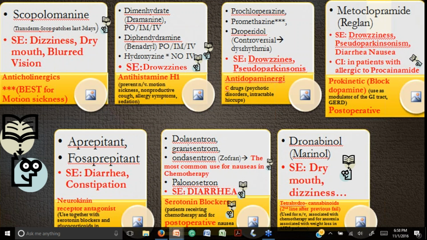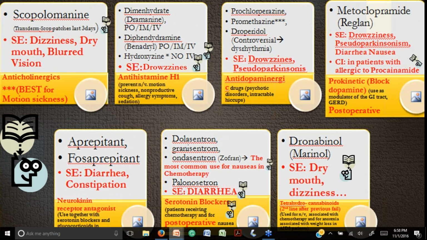Metoclopramide is the prokinetic, used for gastritis or GERD, but metoclopramide can be used for nausea and vomiting too. The main side effect is pseudoparkinsonism.